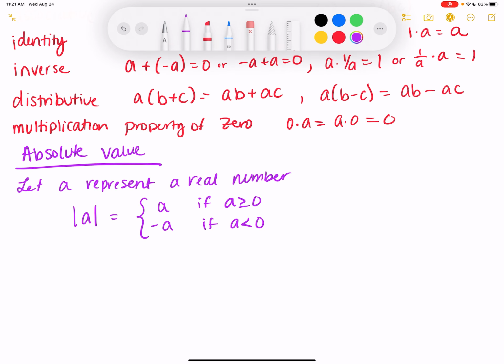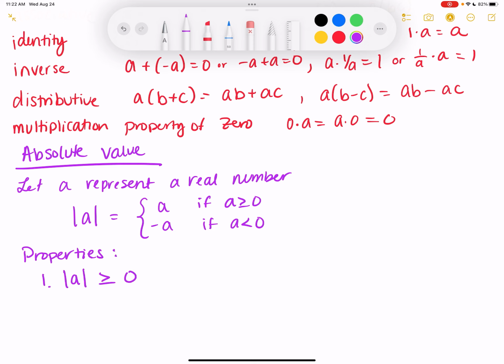So we've got 5 properties of absolute value. The first one, the absolute value of A is greater than or equal to 0.